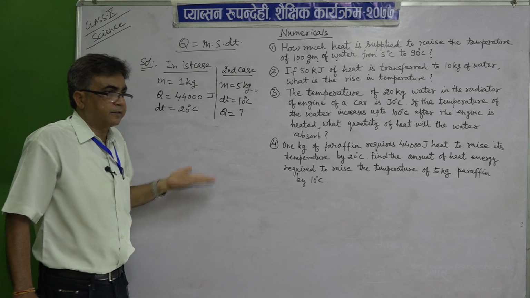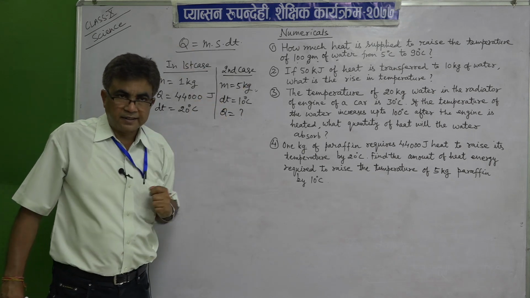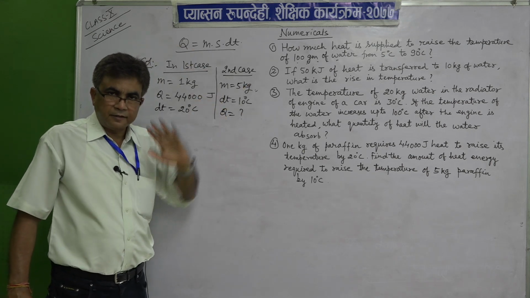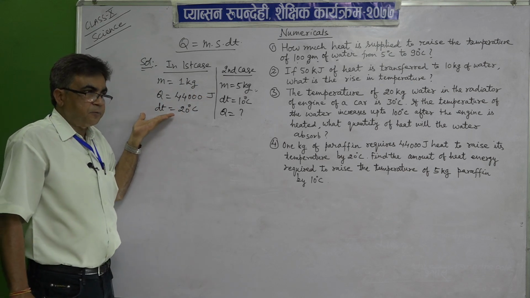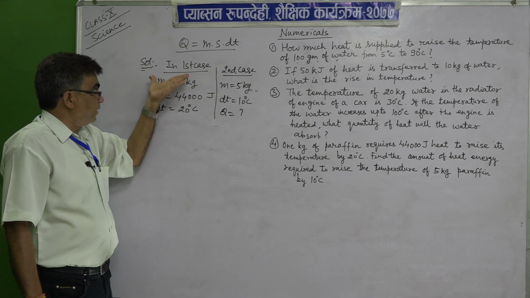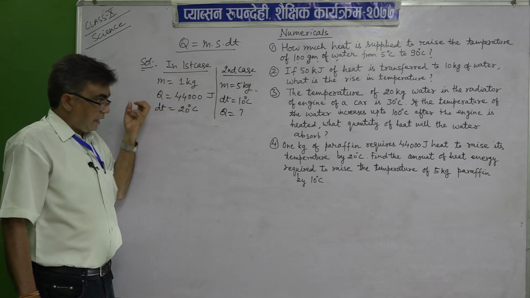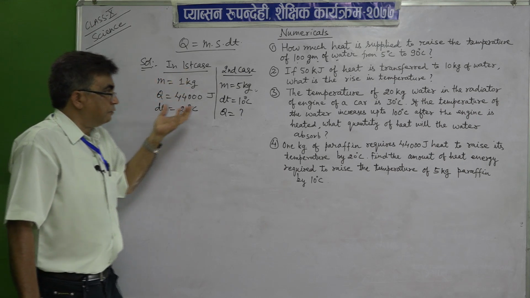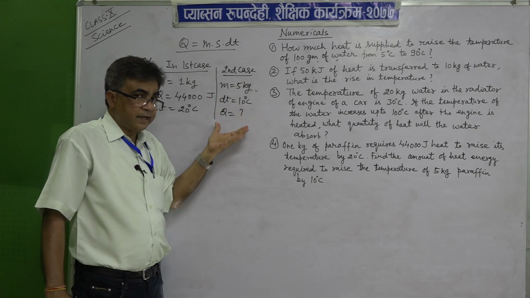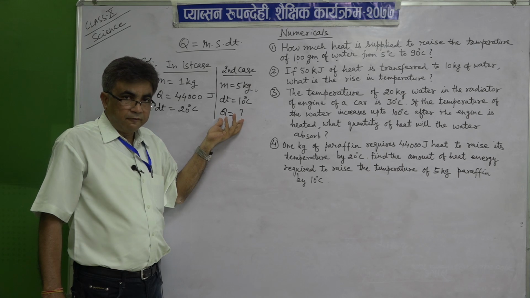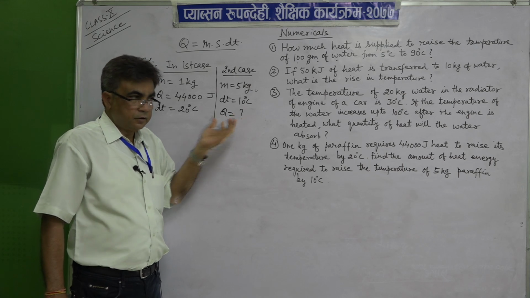So, we cannot write 4200 joules per kg degree centigrade, that is for water only. So we calculate the specific heat capacity of paraffin from the first case, and that S we will use in the second case, then we can very easily calculate q. I will show you.